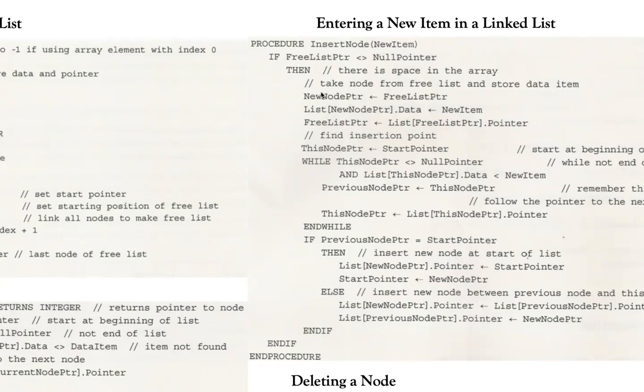So in that case, when this line takes place, free list pointer will have null in it after this line, because the last available node's pointer field has null in it. And that null will be saved here. And next time around, if I'm trying to add a new item, this condition will not make it possible. So this is how, as you can see, the algorithm is designed in such a way that all pointer positions are automatically updated for the next round of events in which I'm adding a new item.